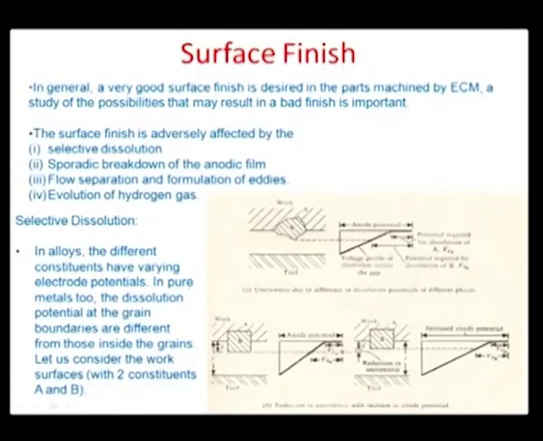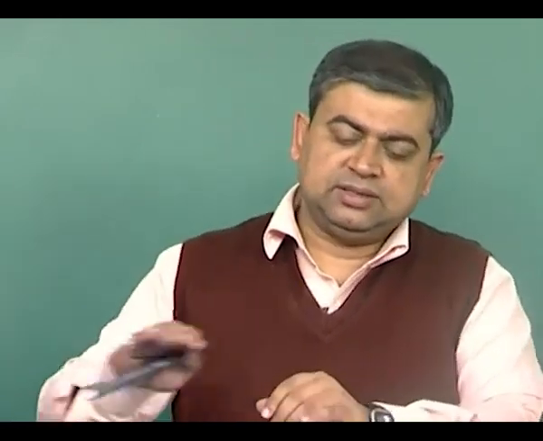The other aspect which is important in an ECM process is the surface finish, and in general ECM does produce a reasonably good surface finish. We have seen that the process of ECM really is a sort of self-leveling process, where eventually the valleys and the hills are all leveled to a certain mean roughness or average roughness of the surface.